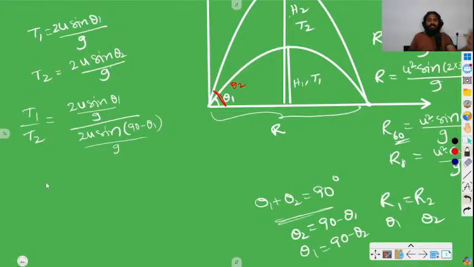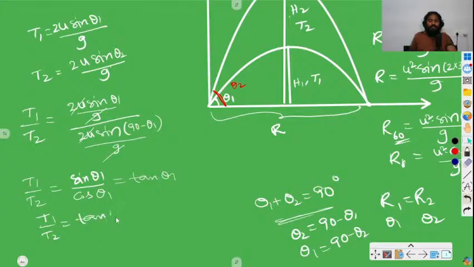Then 2u gets cancelled, g gets cancelled, and we get sine theta 1 by sine of 90 minus theta 1. Sine becomes cos, so you can write directly cos theta 1. Sine theta 1 by cos theta 1 is tan theta 1. So t1 by t2 is equal to tan theta 1, right? Directly you can find this.